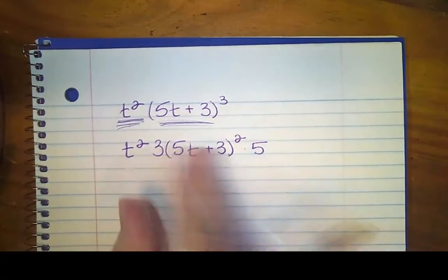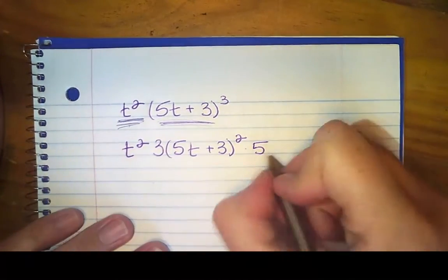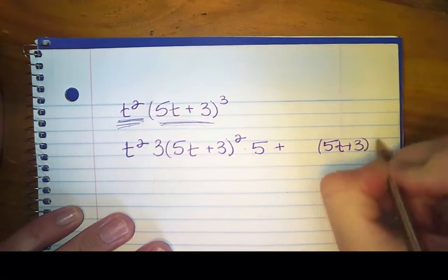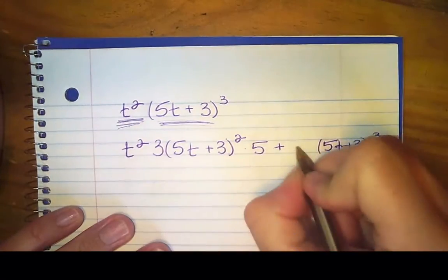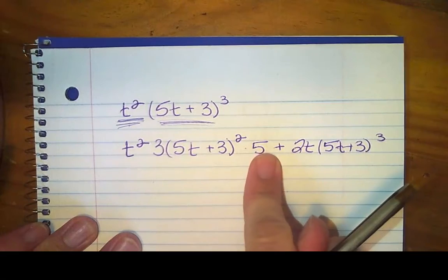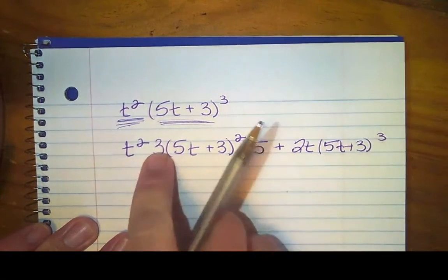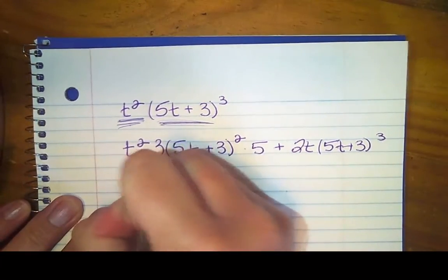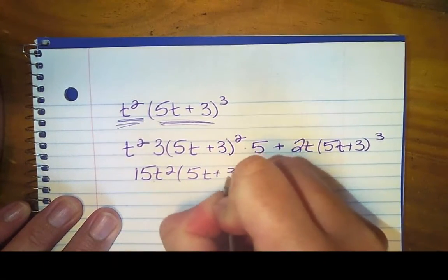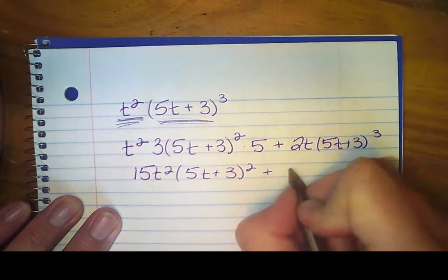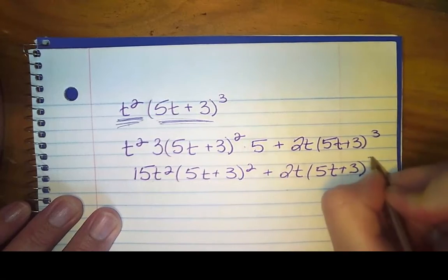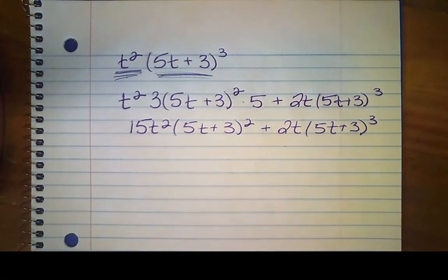So I've got first times derivative of the second plus the second times the derivative of the first, which is 2t. So now you can clean this first one up a little bit if you want. 5 times 3 is 15t squared times (5t + 3) squared plus 2t times (5t + 3) to the third. Okay, it just makes it a little bit cleaner.